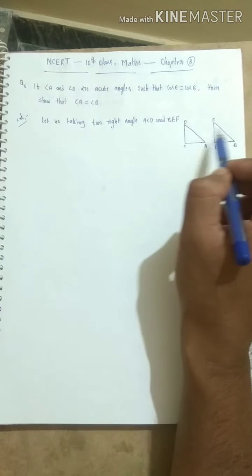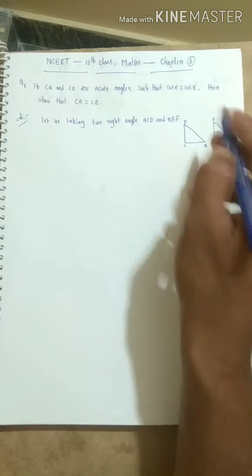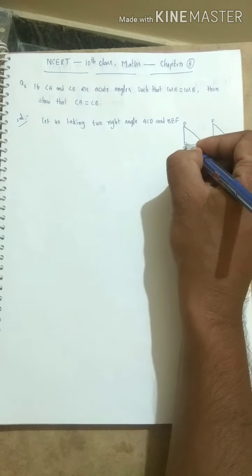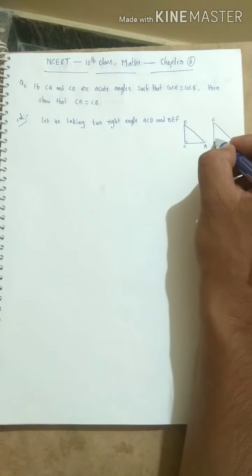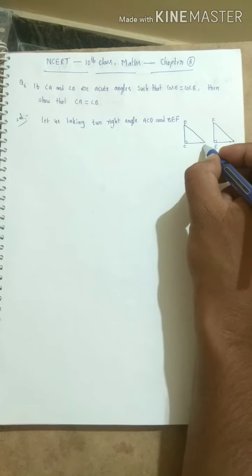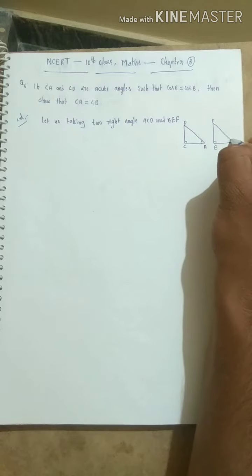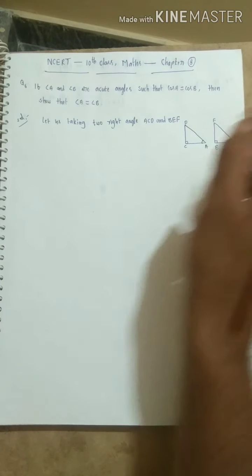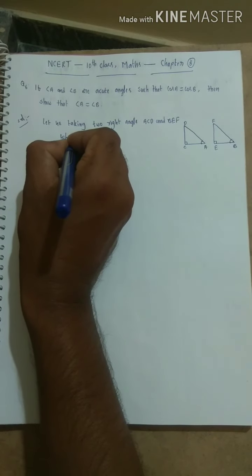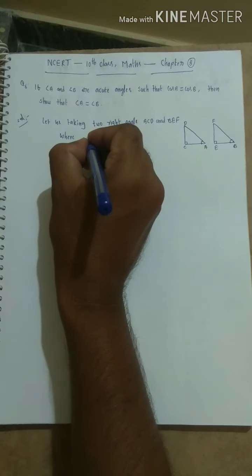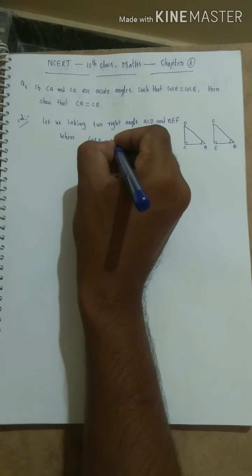Draw two right angle triangles. ACD is right angle triangle at C. BEF is right angle triangle at E. A and B are acute angles, where cos A is equal to cos B.